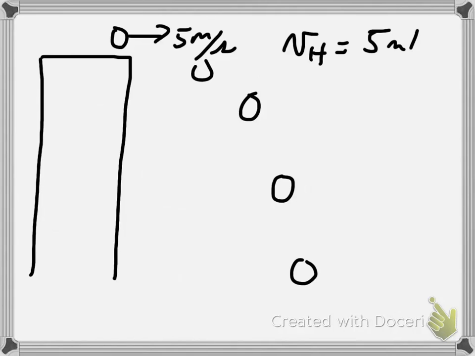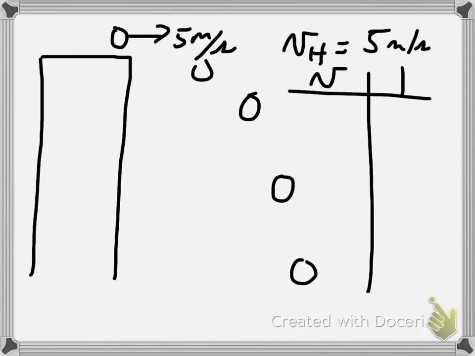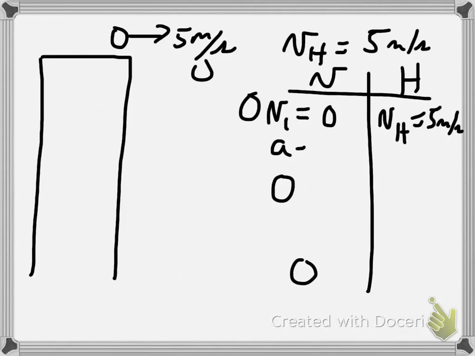It's never going to change. But we have to break this one up into what we know vertically and what we know horizontally. So horizontally we know it's being launched at a speed of 5 meters per second. Vertically, we know its initial velocity is 0. We know acceleration is gravity.